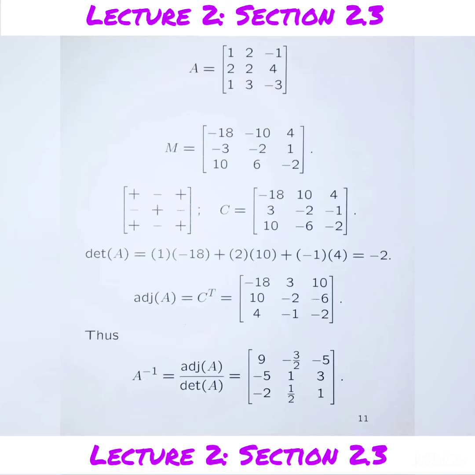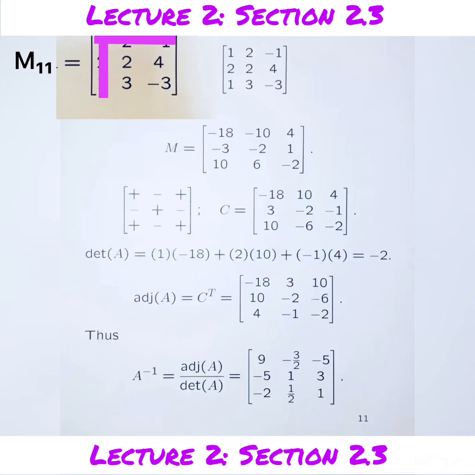I'm going to calculate two entries of the minor matrix, first the entry in the first row and first column. What is the entry in the first row and first column of M? It's given by M subscript 1,1, which is as follows.